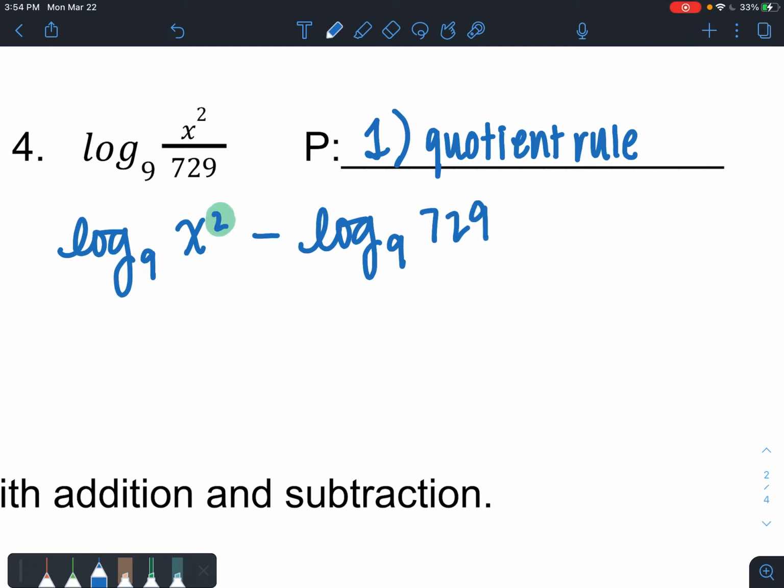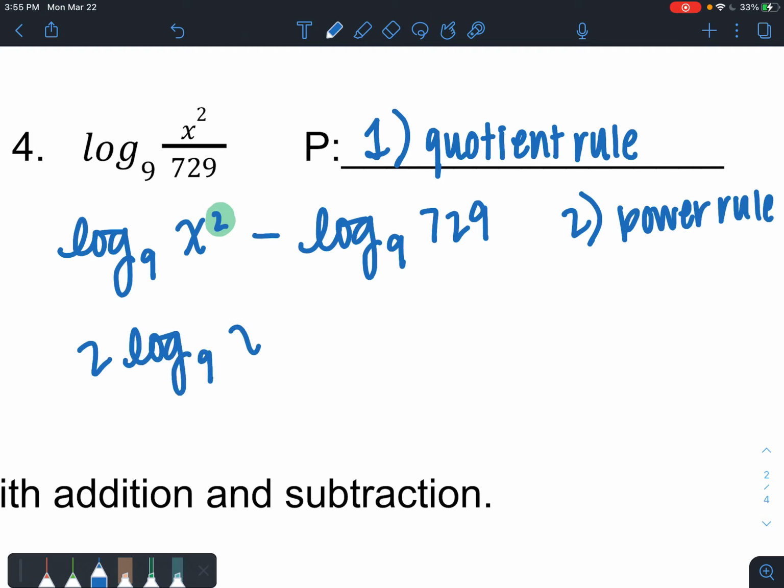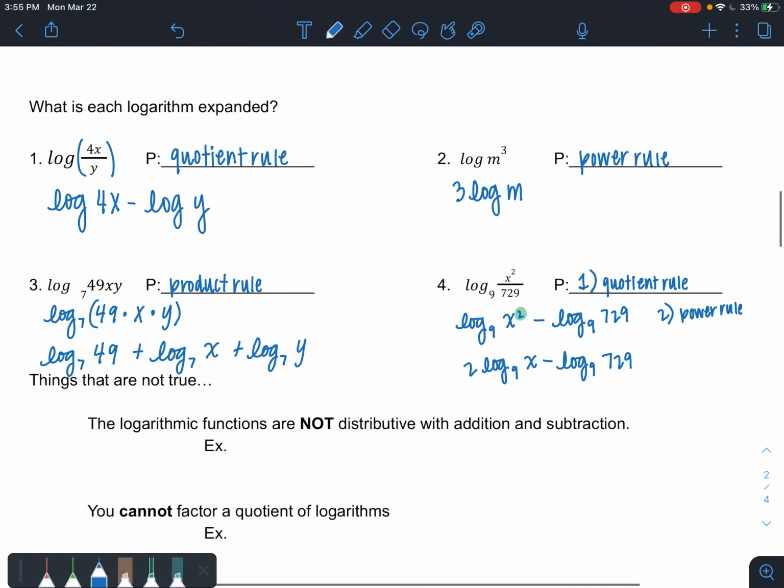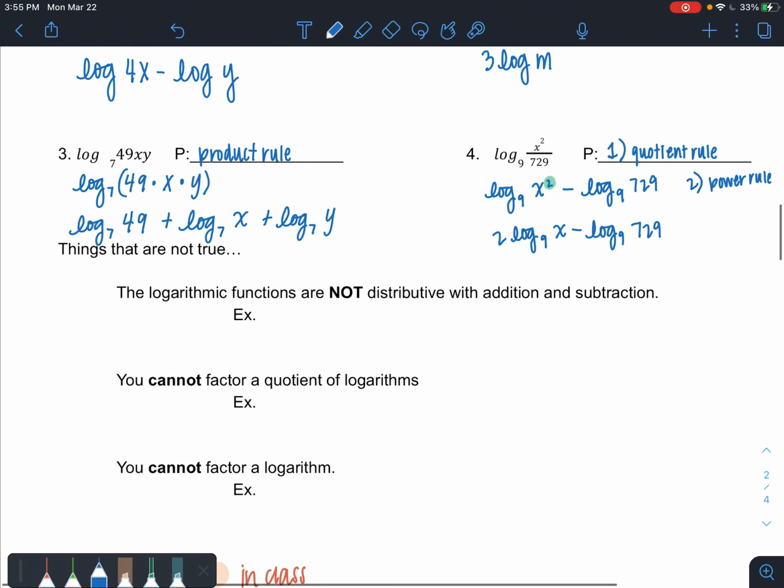You'll notice that I have a little exponent here, so on our second round, we're going to use the power rule. So that 2 is going to come to the front. So I have 2 log base 9 of x minus log base 9 of 729. All right. So right now we're just focusing on expanding and condensing, but eventually it will help us solve.